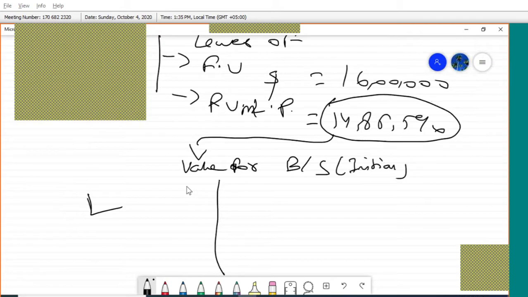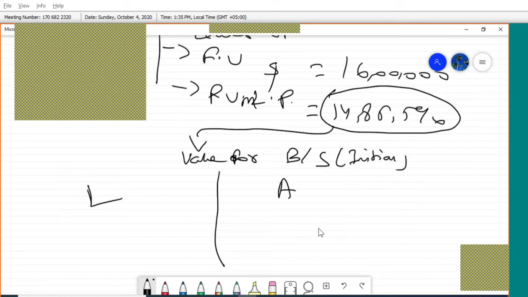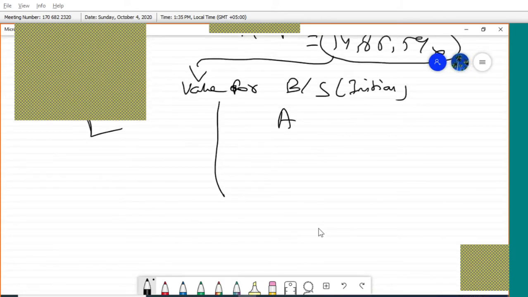Liabilities, assets. This is my value of asset. Asset value is 14 lakh 85,590.